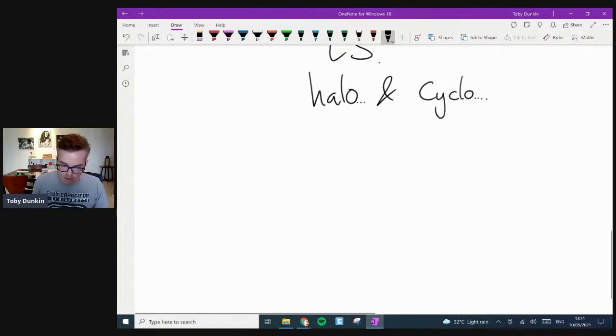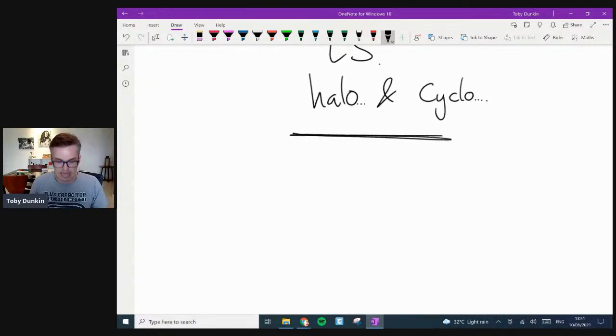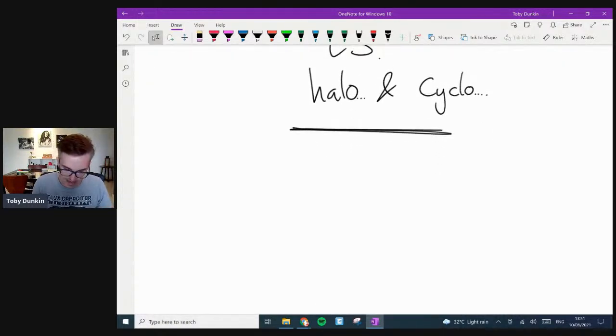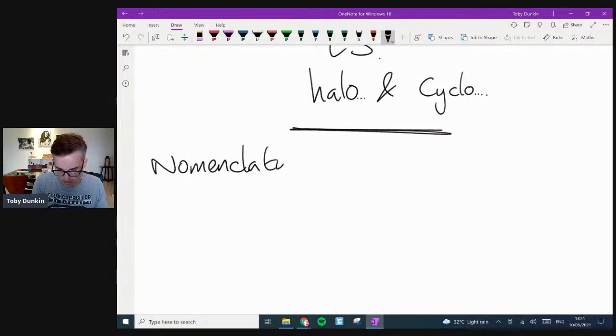Okay, so what we've learned so far in organic naming is what would be classed as the whole structure of an organic compound. In naming, this is nomenclature.